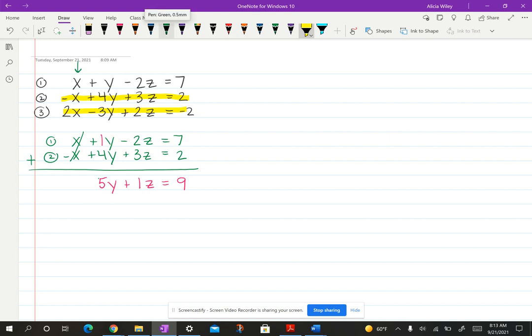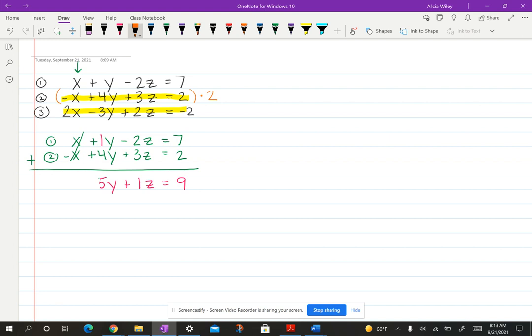I can see that my x's are not opposite. So I have to eliminate x's again, because that's what I eliminated the first time around. I know that I need these two x terms to be opposite in equation 2 and 3, and in order to do that, I'm going to have to do some multiplying. I'm going to multiply this second equation by 2.